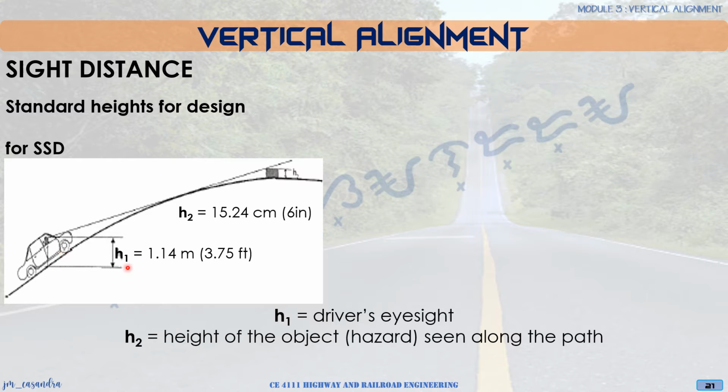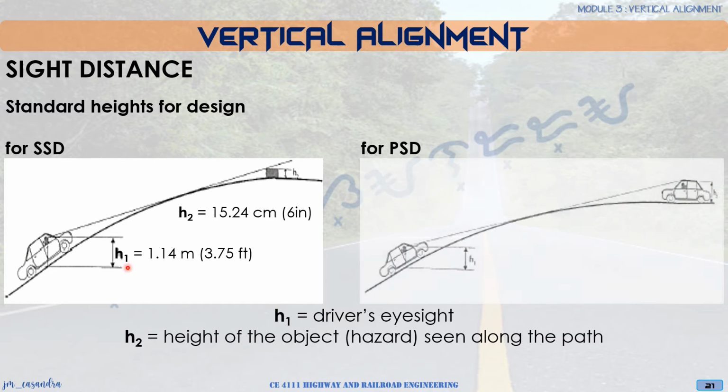Okay. And then for the passing sight distance, your h1 now is equal to 1.14 meters, or same as the height of the driver's eyesight.